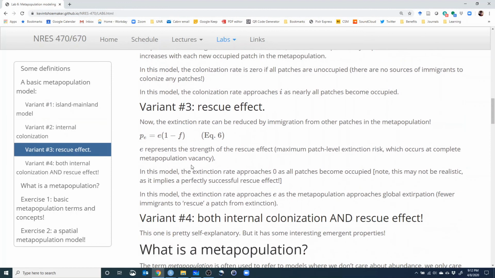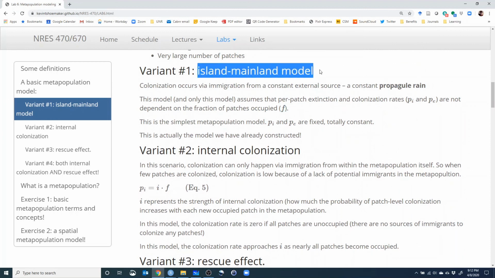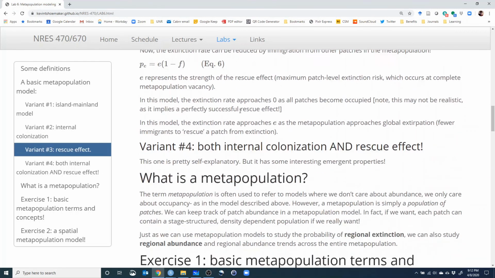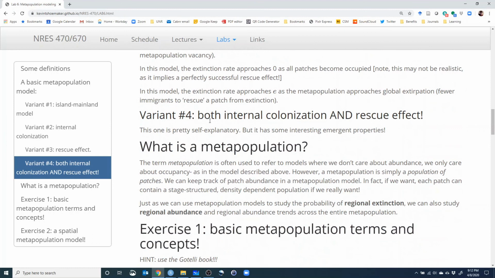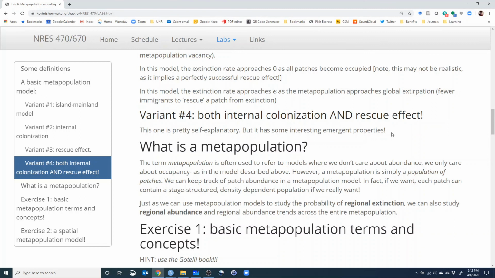So we went over internal colonization and the rescue effect. The island-mainland model assumes the propagule rain, where internal colonization is not an important piece of the puzzle. And we can consider this final variant where both internal colonization and rescue effect occur. This one you'll be able to play with in this lab, and it does have some interesting emergent properties. So it's kind of fun to play with.